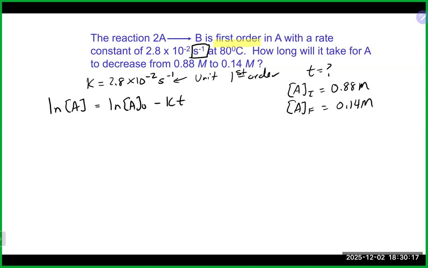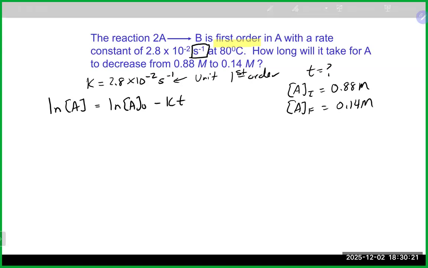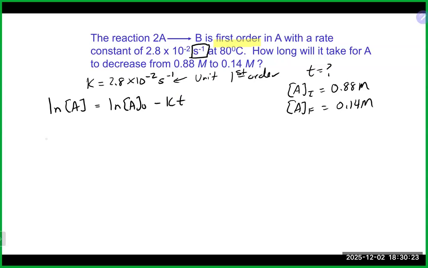So I really have everything that I need to put into my equation here. So if I put it in, I'm going to get the natural log of my final concentration, 0.14, is equal to the natural log of my initial concentration, 0.88, minus my k, which is 2.8 times 10 to the minus 2 reciprocal seconds, and my time here.